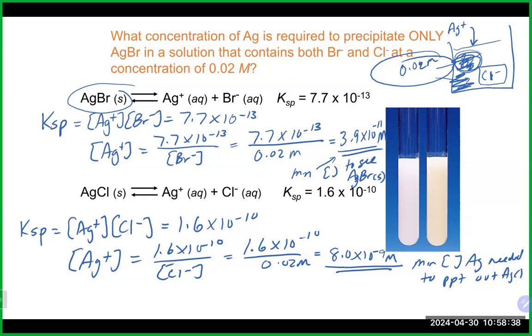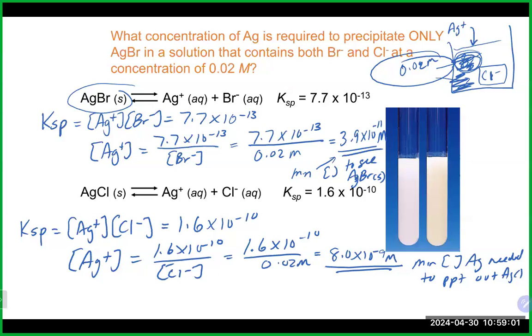Which concentration of silver is higher, the one needed to precipitate out the silver chloride or the one to precipitate out the silver bromide? It is the one for silver chloride, and that's why the question asks to precipitate out the silver bromide first.